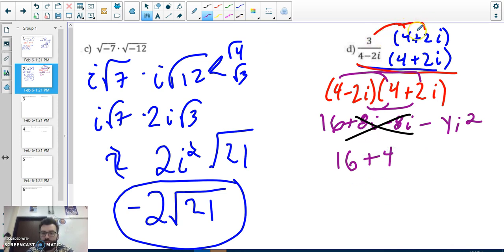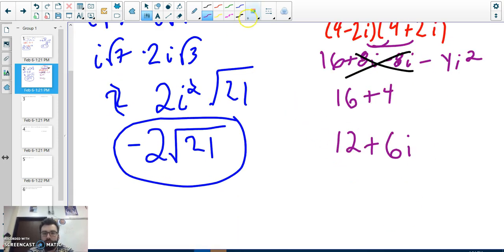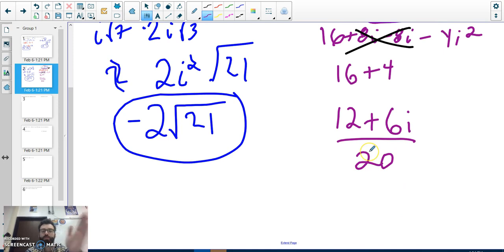So I distributed this 3, right? So I have 12 plus 6i, and that's all over 20. When we write a complex number, we want to write it as 2 terms.